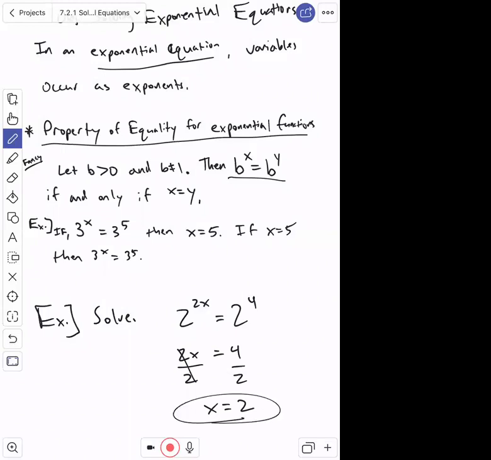That is our solution. Easy enough? It'll get a little more complicated, but that is the basics of it. That's the simplest application of the property.